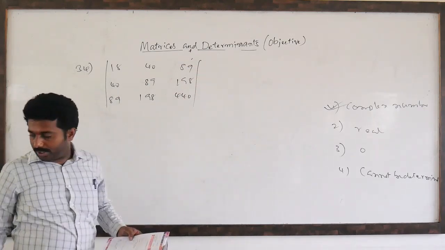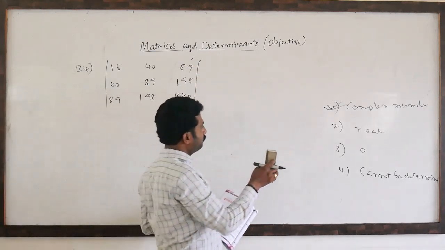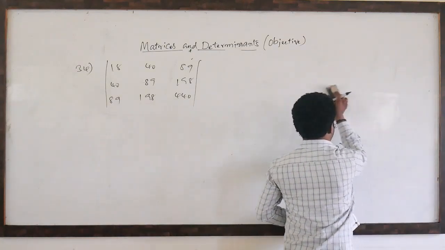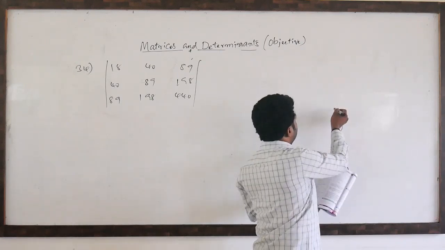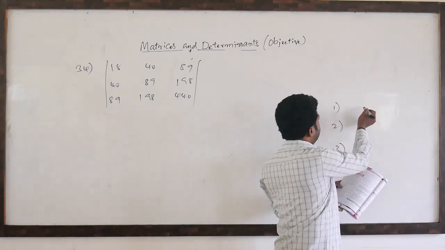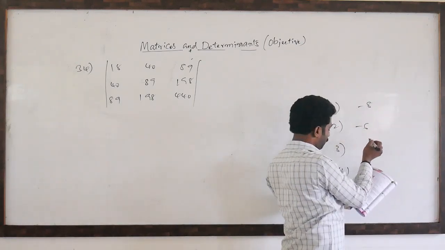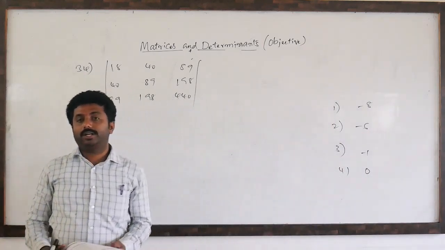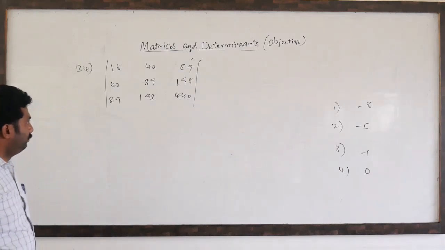So the options, if we observe, first option minus 8, minus 6, minus 1, 0, which is the correct option we have to calculate.